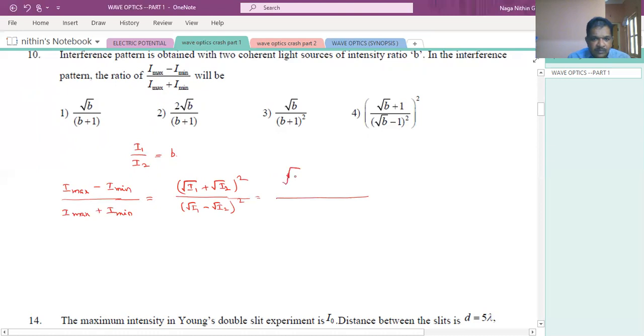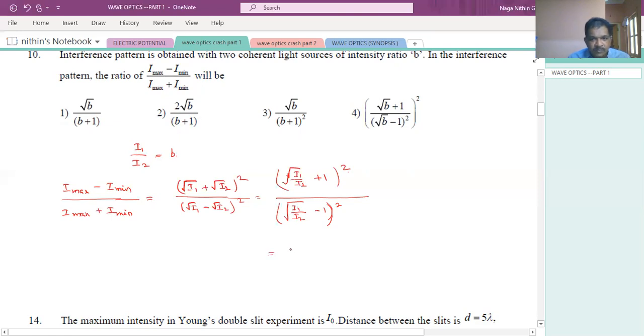Root I1 by I2 plus 1 whole square, over root I1 by I2 minus 1 whole square. Root I1 by I2 value will be how much? This value will be root b.